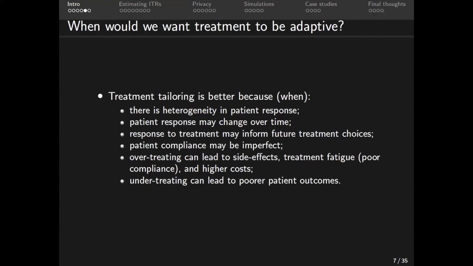We may also be in a setting where patient response changes over time. So this could be because, for example, a patient develops resistance to an antibiotic, or they develop a tolerance to a pain medication. So even though something is working for you now, it might not work for you in 6 months' time. Okay, we may have response to one treatment informing later treatments.